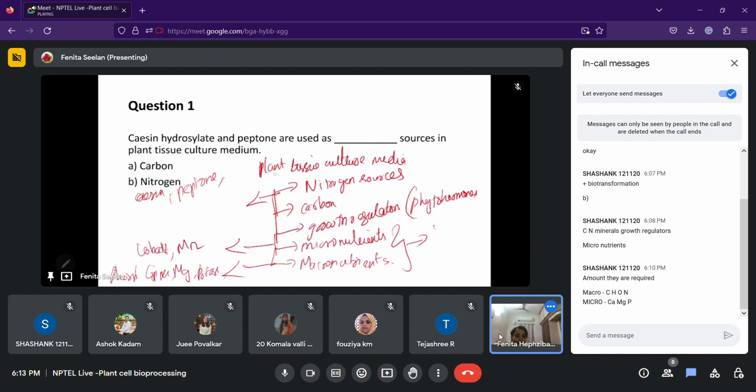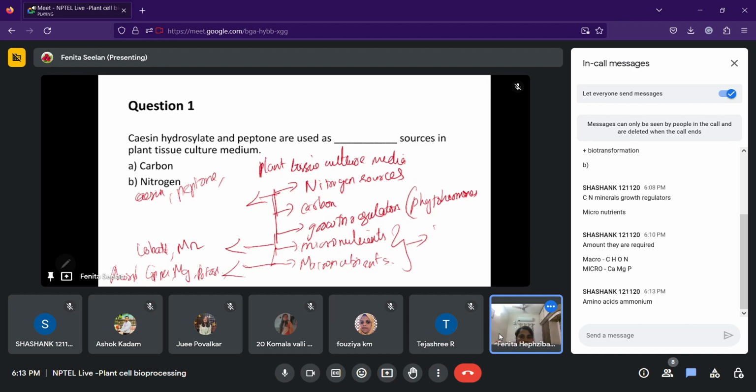You would have gone through the lecture slides, no? Amino acids, ammonia. Except inositol, others can be considered as amino acids, as a source of nitrogen.